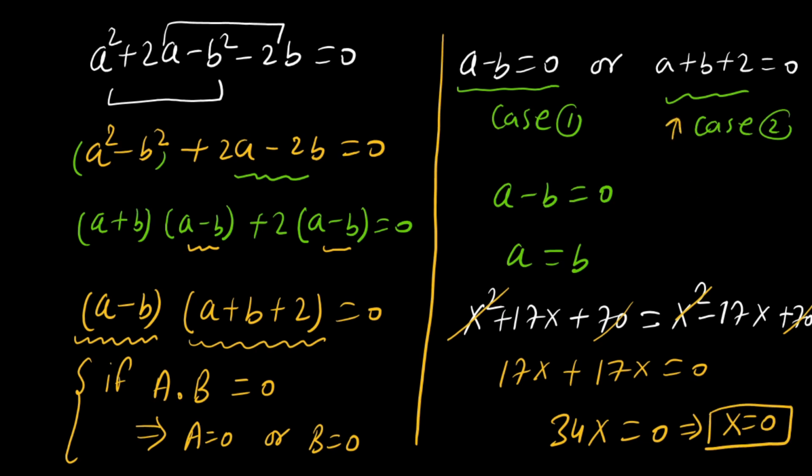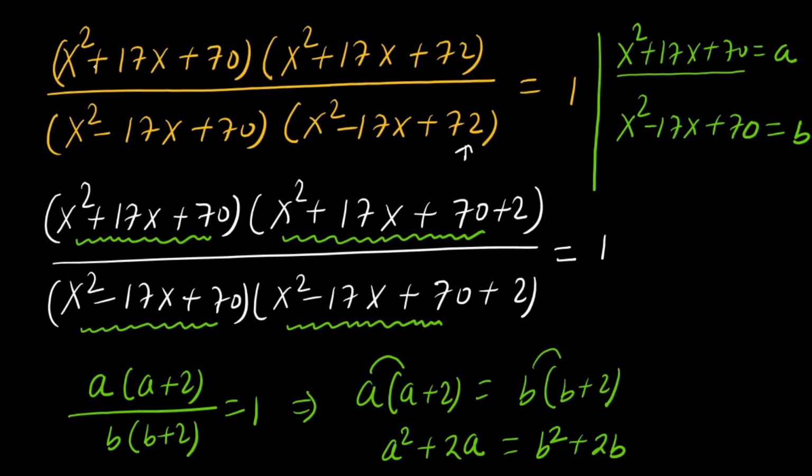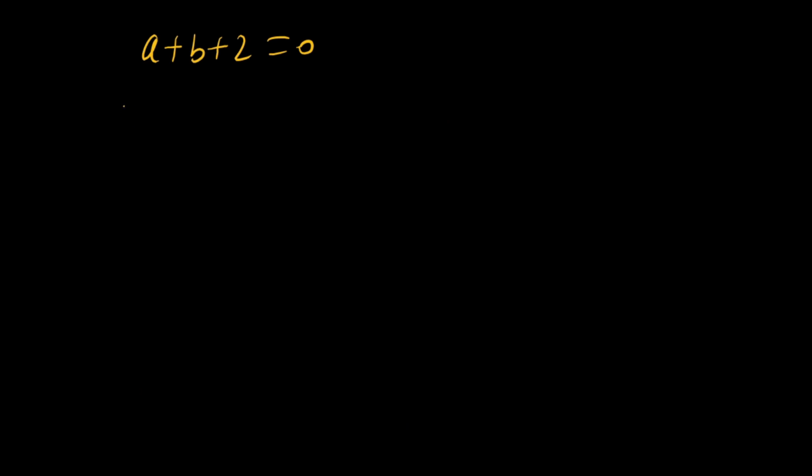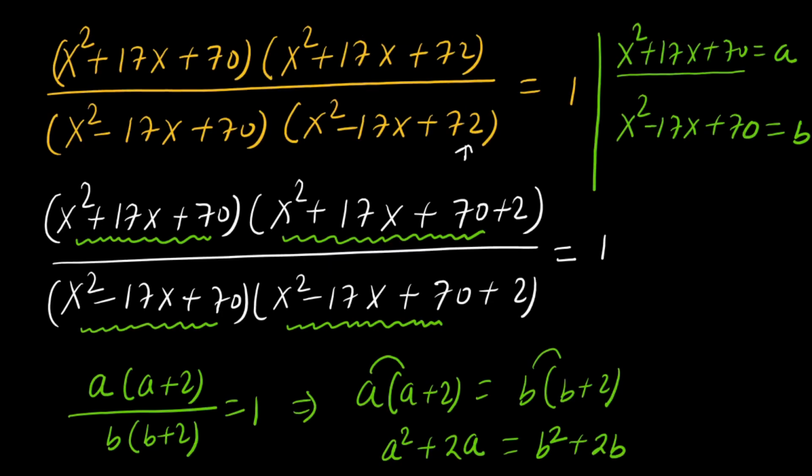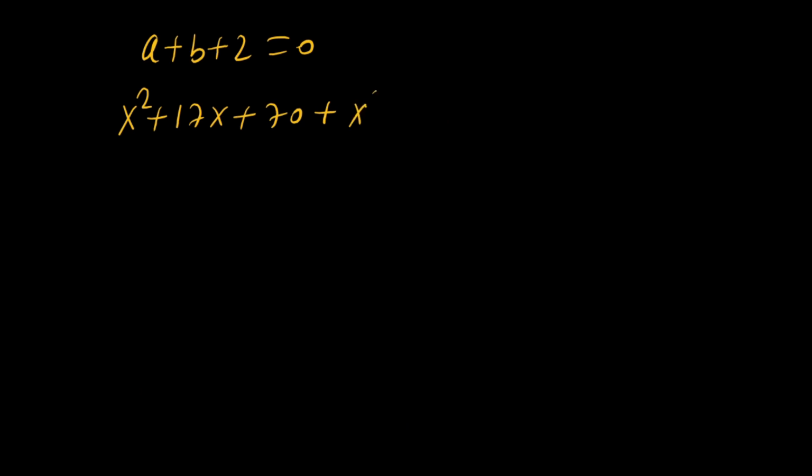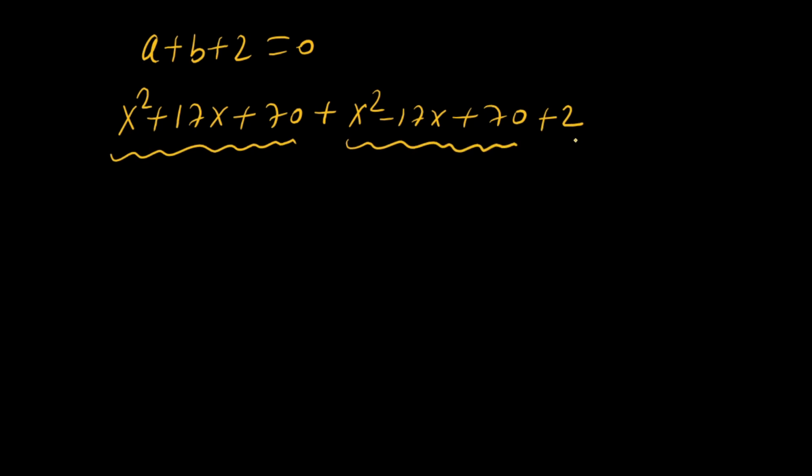Now solve case second. Case second is A plus B plus 2 equals 0. And here A is x square plus 17x plus 70, and B is x square minus 17x plus 70, and here plus 2, because this expression is A and this expression is B, and here 2.